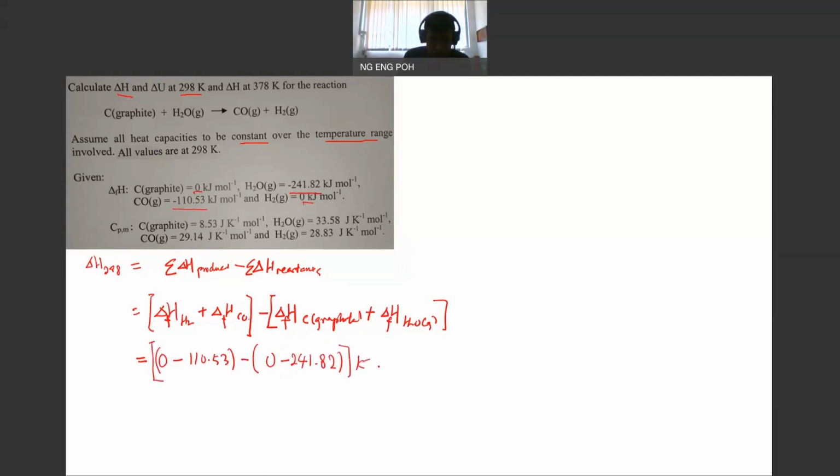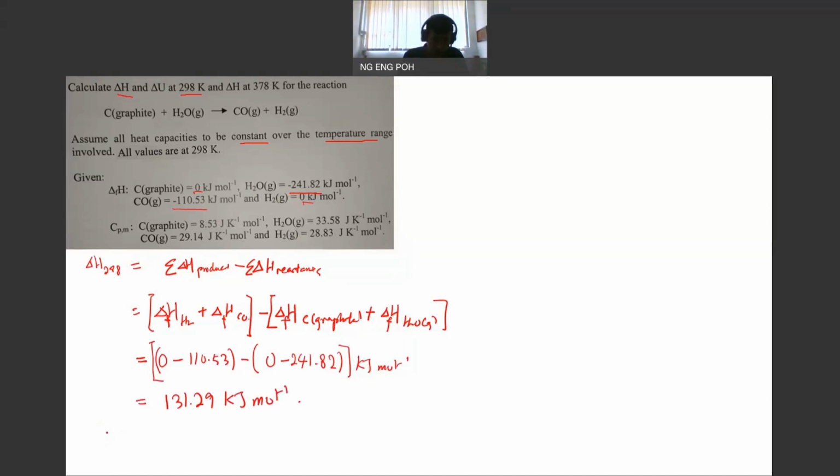The unit is kilojoule per mole. So the answer is 131.29 kilojoule per mole.